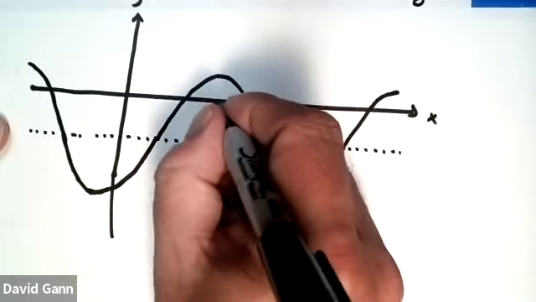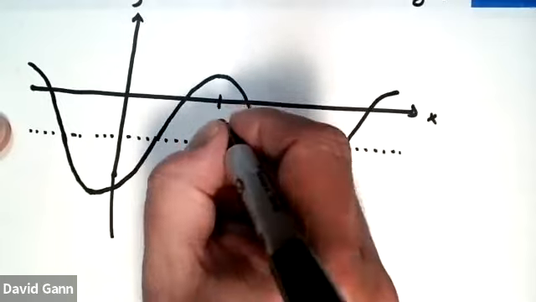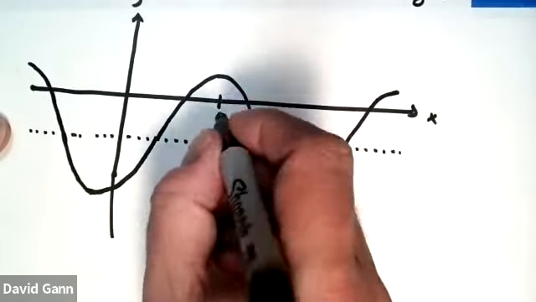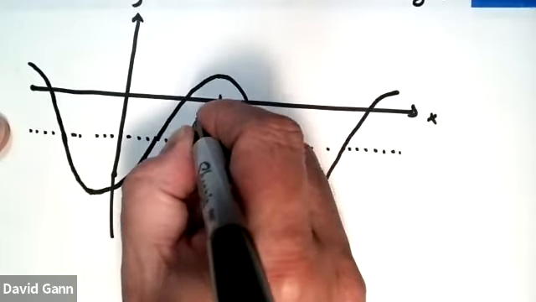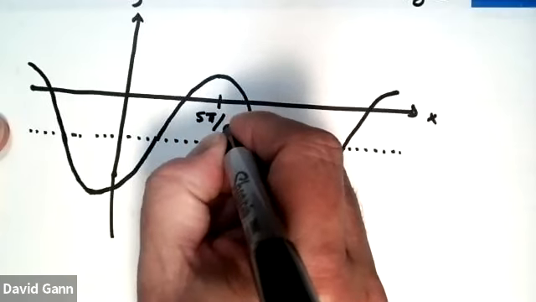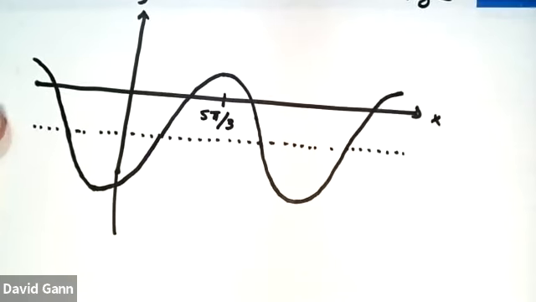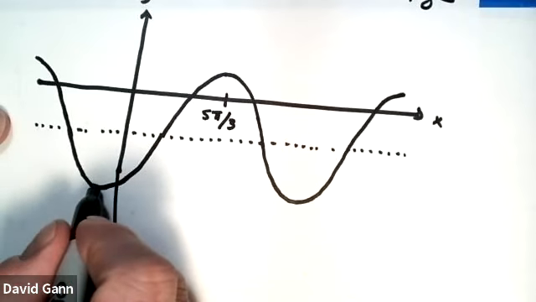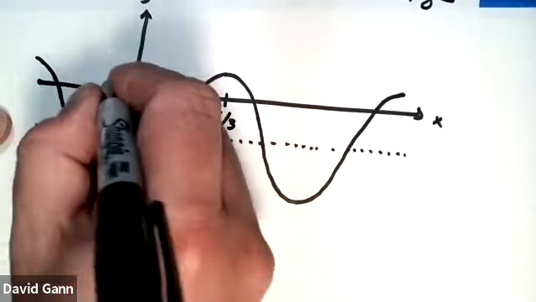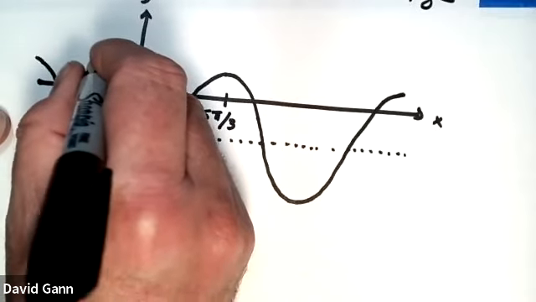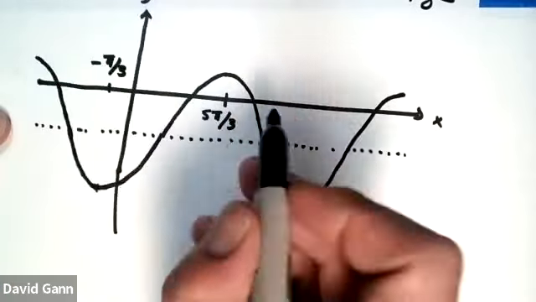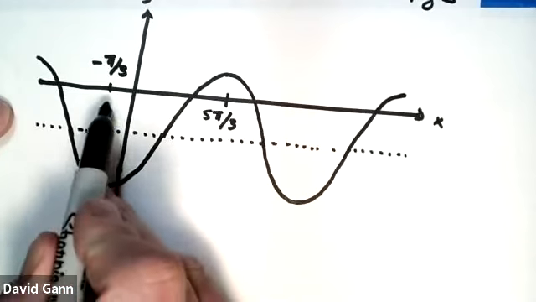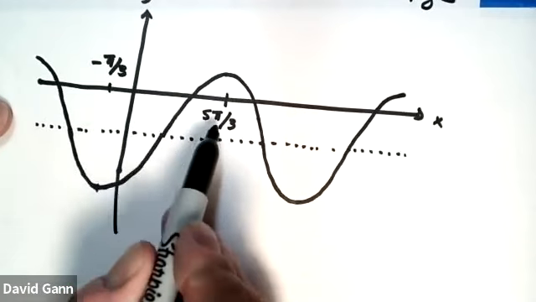I'll say that this point is, let's make this 5 pi over 3, and we'll make this point over here negative pi over 3. So this is half a period, right?